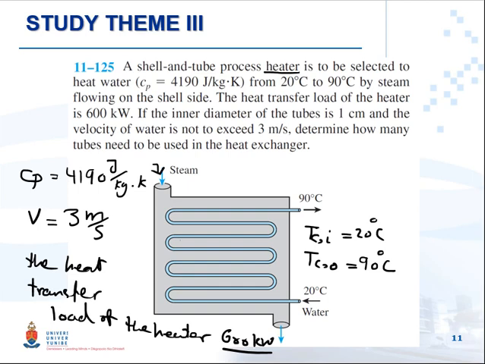Okay, so basically this 600 kilowatt is our Q dot. Now it looks like we have lots of information. We don't have any information regarding the inlet and outlet temperature of the hot fluid, but we have it for the cold fluid.